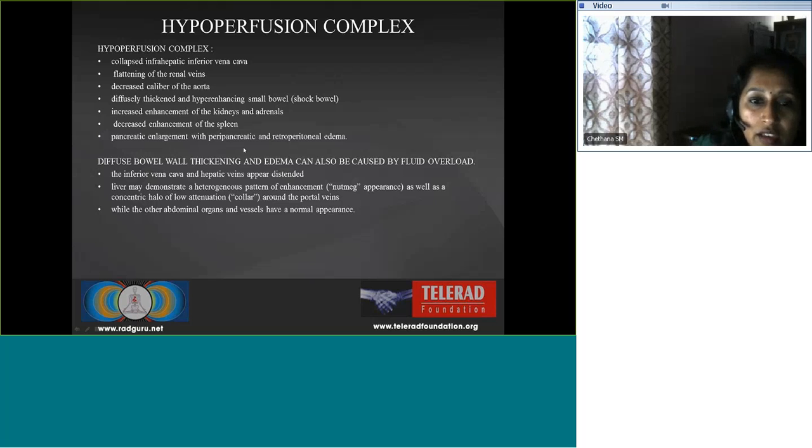There's another entity: when there is fluid overload, we do see diffuse bowel wall thickening and edema. But the differentiating point between fluid overload and hypoperfusion complex is that the inferior vena cava and hepatic veins are distended, compared to the collapsed state in hypoperfusion. The liver may demonstrate a heterogeneous pattern of enhancement, a nutmeg appearance, or sometimes a concentric halo of low attenuation, a collar around the portal veins, which we see in fluid overload or overhydration.